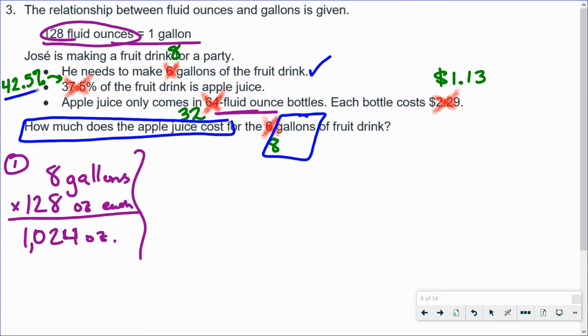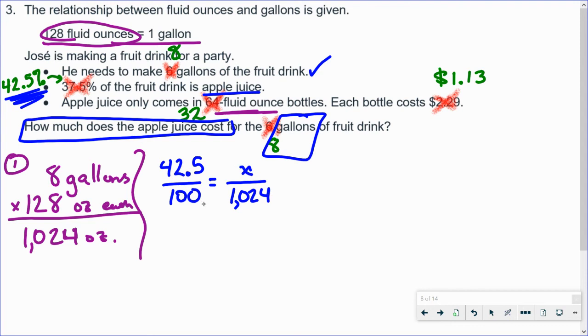But we also know that only 42.5% of that total juice is apple juice. So let's find out, okay, we did percents before, 42.5% of the 1,024, that is the total number of ounces, X here.